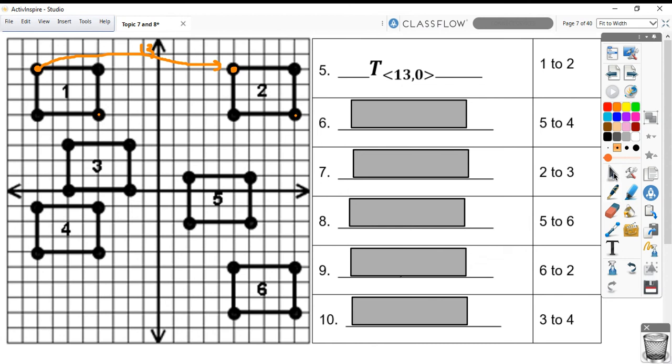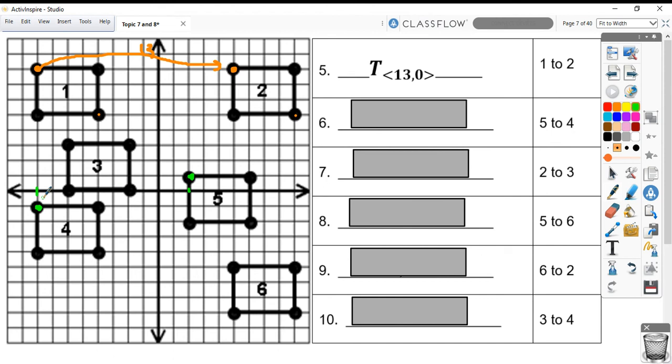All right, what I want to look at next is this problem, translating from 5 to 4. When we translate from 5 to 4, there are a couple of ways you can do this. One way is like this. I'm going to look at the top left corner again. On the top left corner right here, I can see that the x value is 2. On the top left corner of number 4 over here, I can see that the x value is negative 8.